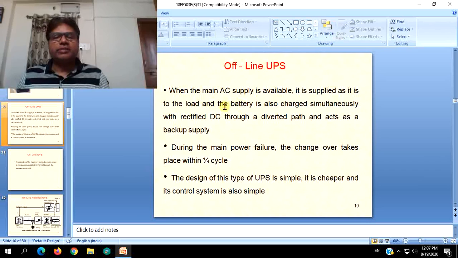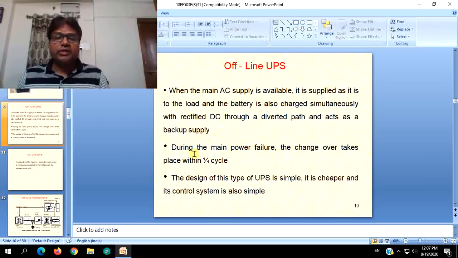At the same time, with the same single phase AC supply, the battery is also charged simultaneously with rectified DC through a diverted path. Obviously, the single phase is straight away fed to the load as single phase itself. From the same supply, a diversion is made and the battery is charged. The diversion is needed because it is converted from AC to DC, a rectified path, and it acts as a backup supply, storing the energy.